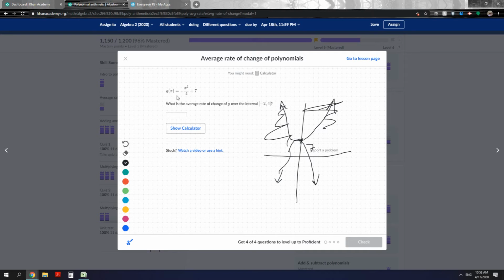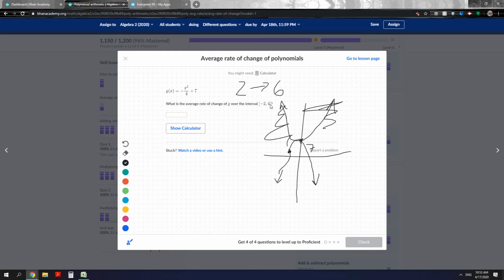Right, so if I plug -2 into here, I will get... oh no, I get 6. Sorry, let's start that over. -2 squared is 4. 4 divided by 4 is 1, -1. -1 plus 7 is 6. So if I plug in -2, I'm going to get out 6.